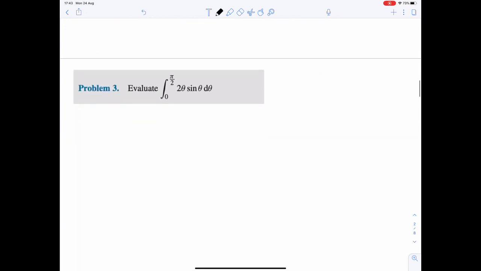And the next one, we have to evaluate a definite integral between 0 and pi over 2 of 2 theta sine theta d theta. So as always, u will be equal to 2 theta. From this, du d theta equals 2, and du equals 2 d theta.